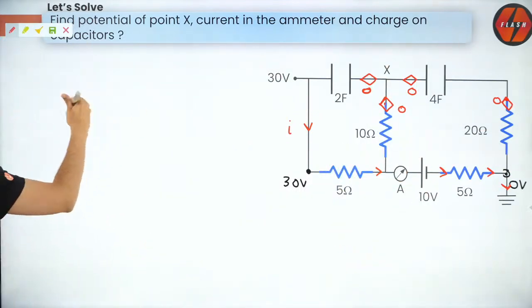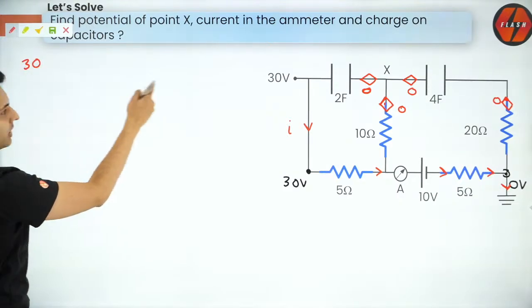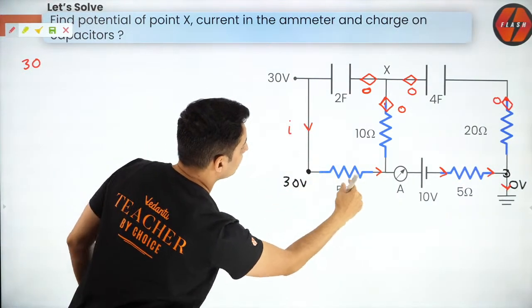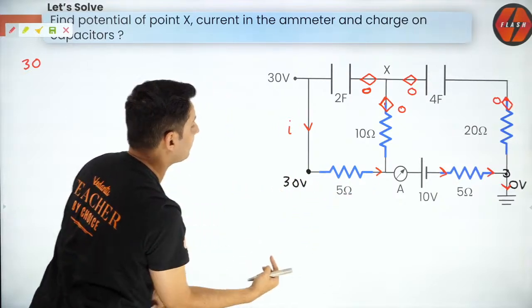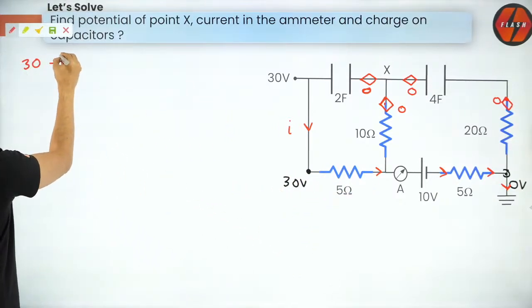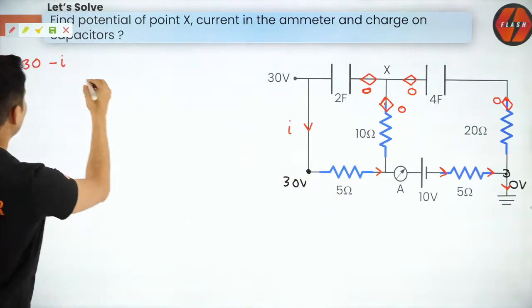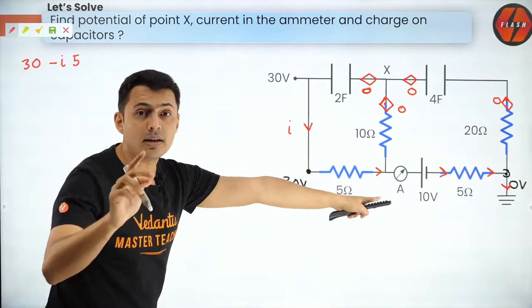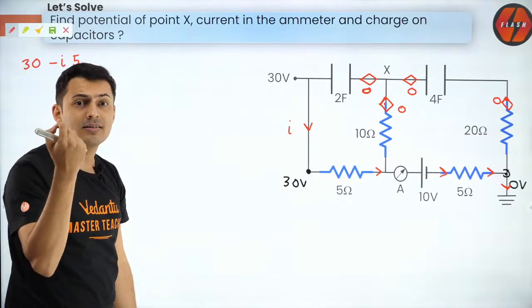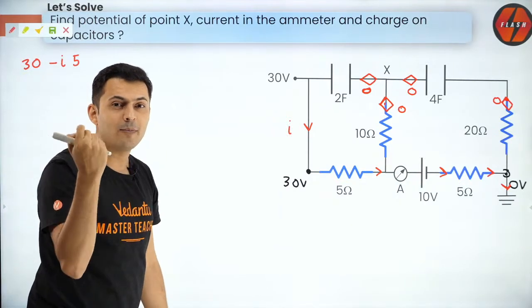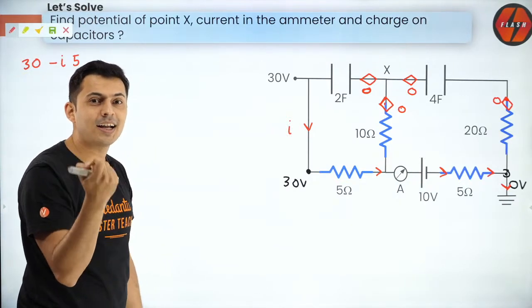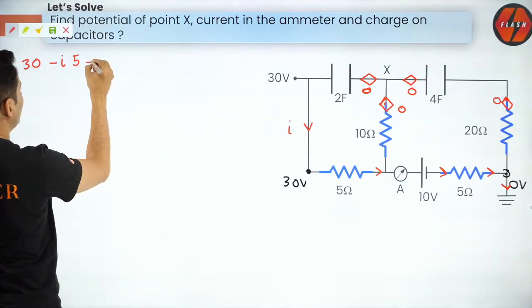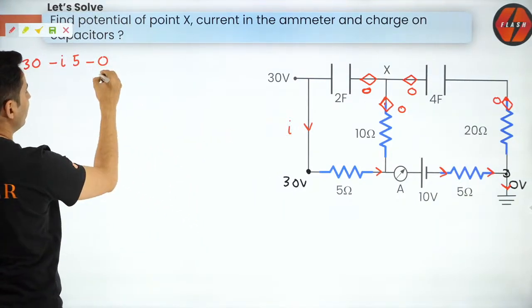So let's do this. 30 is the first point. Here the voltage is going to get dropped by how much? Minus I into 5, IR. That's the drop. Ammeter is of no use, guys. Ideal ammeters have zero resistance, so there is no drop across the ammeter.